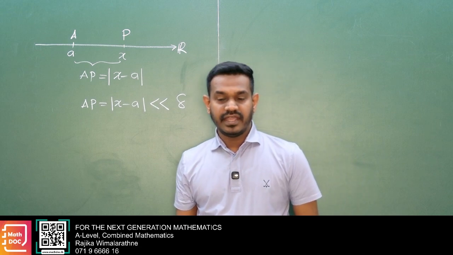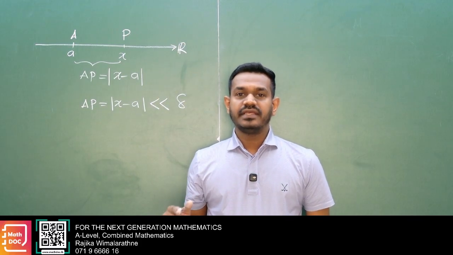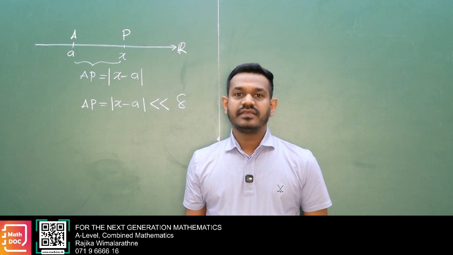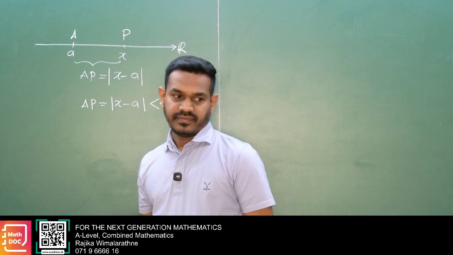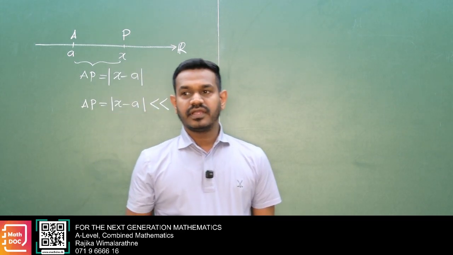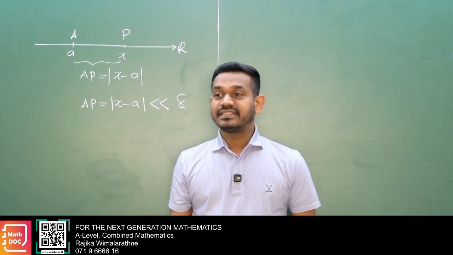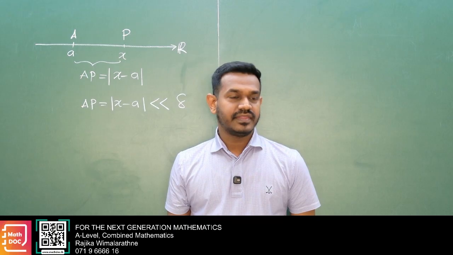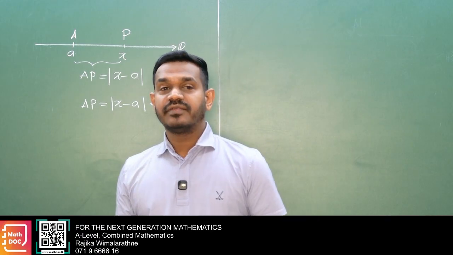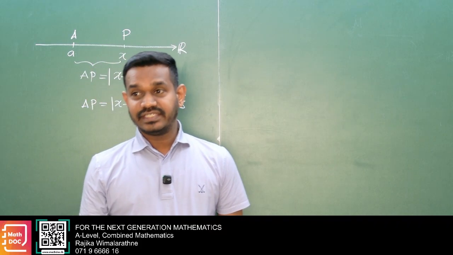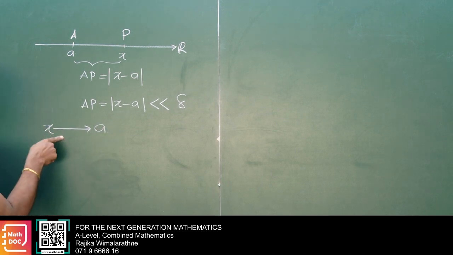Then we define that the variable point P is close to A, and the variable x tends to a, which is denoted by x arrow a.